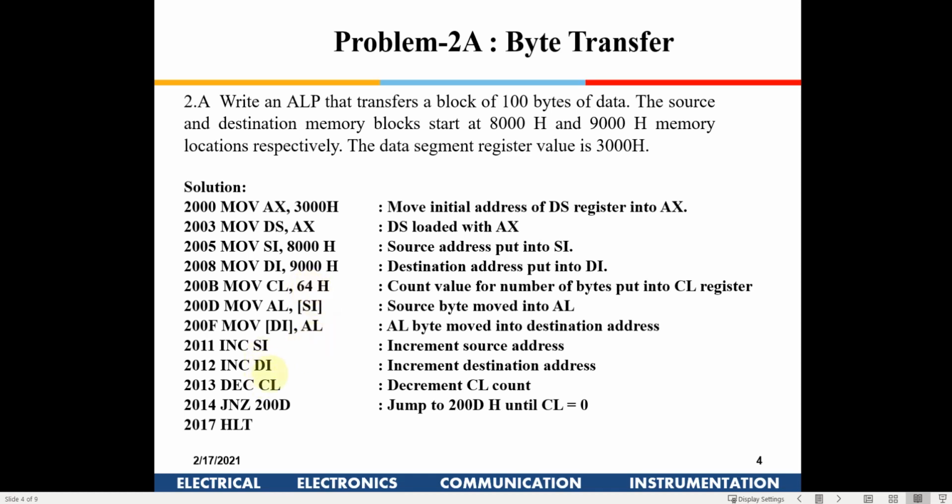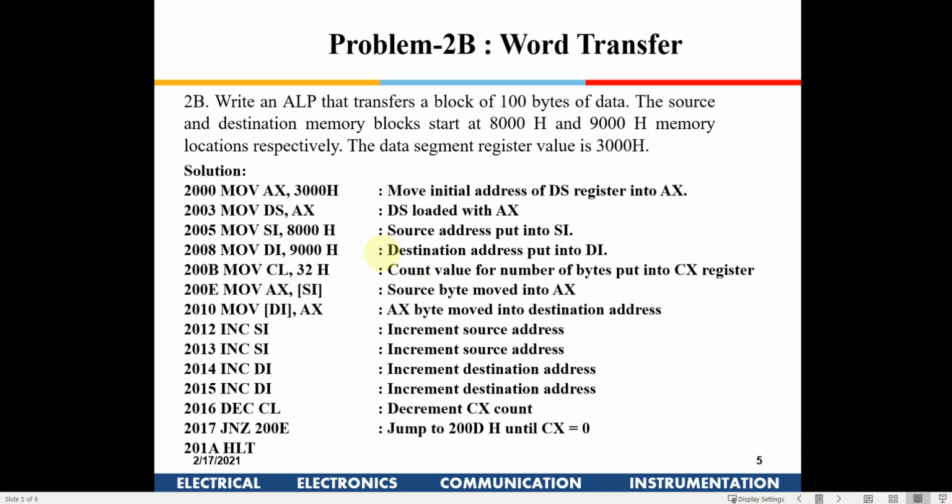Because each time it transfers 2 bytes. So this is the thing with word transfer. So here in CL I have replaced 64 with 32, and this as AX, and increased SI twice and DI twice, right?